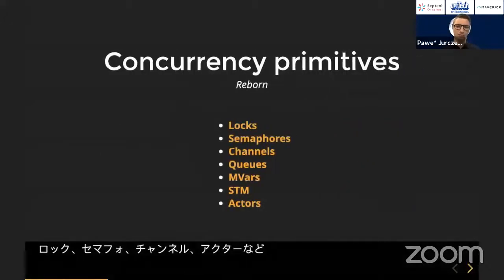So, for example, locks or semaphores that traditionally were blocking abstractions, when running on top of a green thread, will also be blocking, but they will block the green thread only, and this will not propagate as blocking the underlying JVM thread. So basically, all of the concurrency primitives we've known might be reused in a way that doesn't block the JVM thread. Okay, and let's see an example of that.